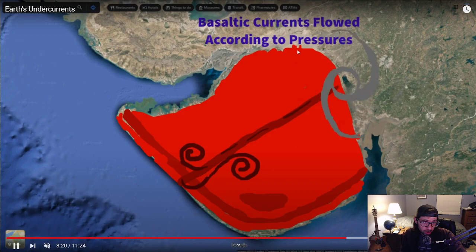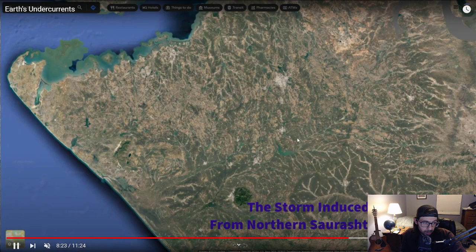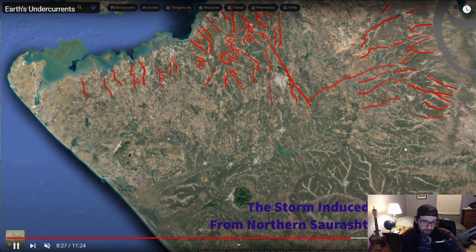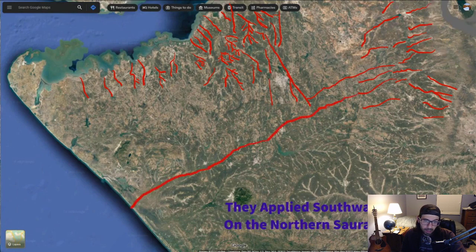Basaltic currents flowed according to pressures, which I just drew what they did, which I'm about to draw again. The storm induced currents from northern Saurashtrian boundaries. I guess you can't read everything on the screen. Maybe I should move over here.